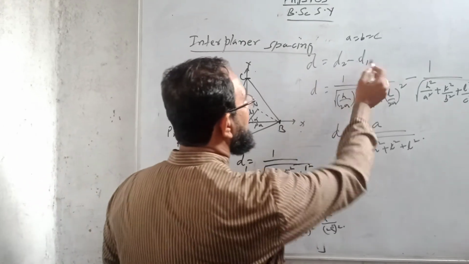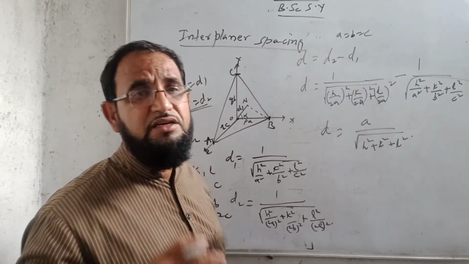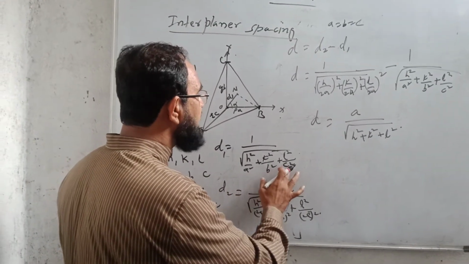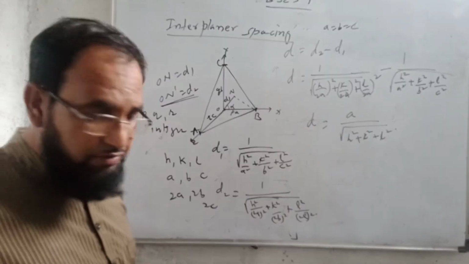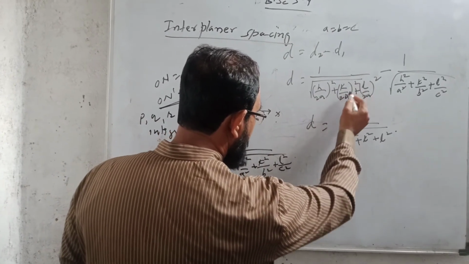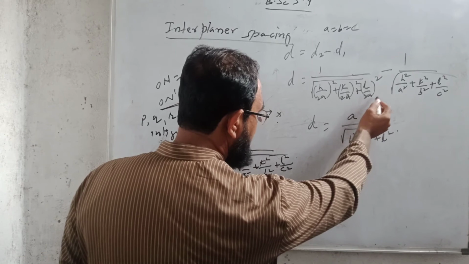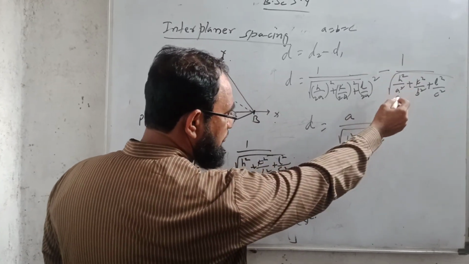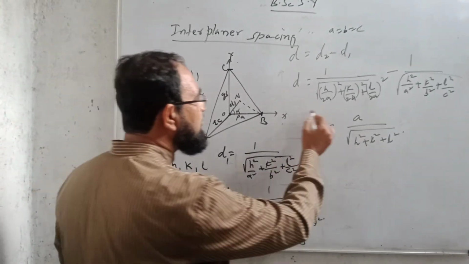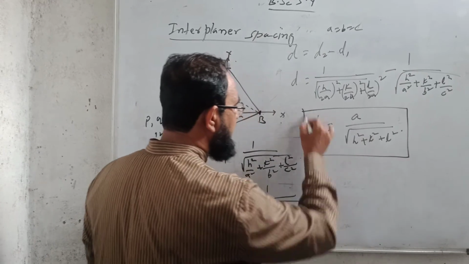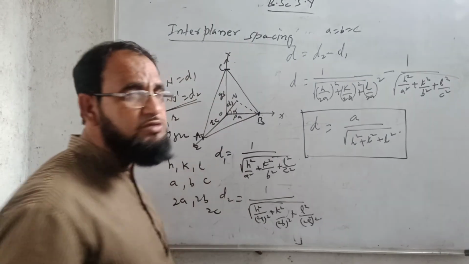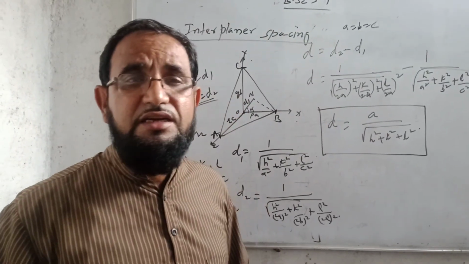If I consider a equal to b equal to c, then after solving it you will get a upon root over h square plus k square plus l square. Using this formula, we can find the interplanar distance.